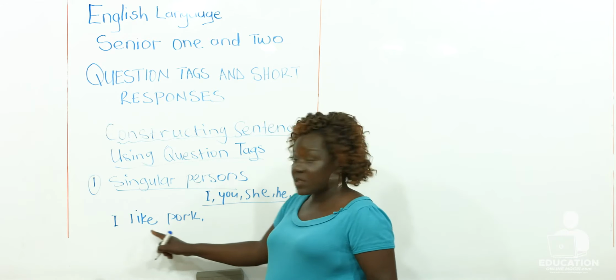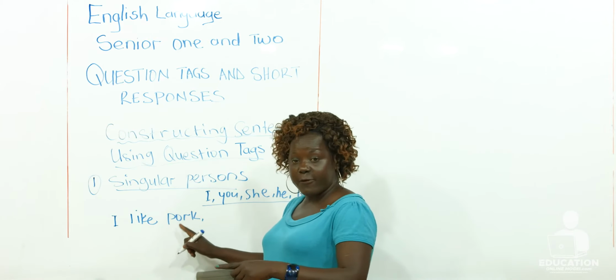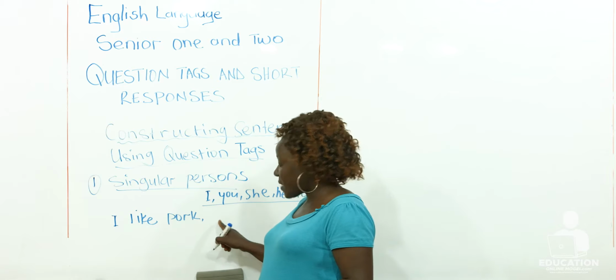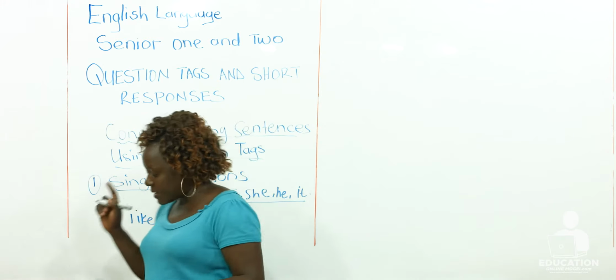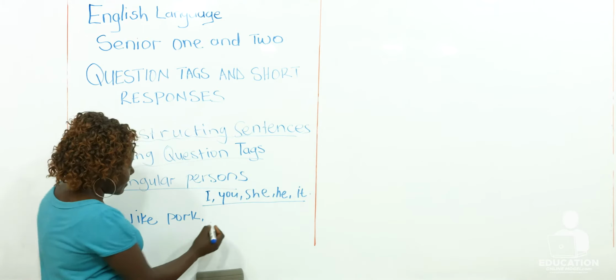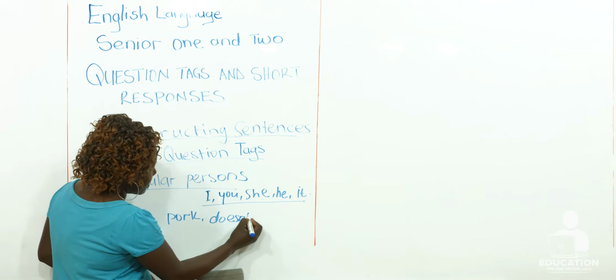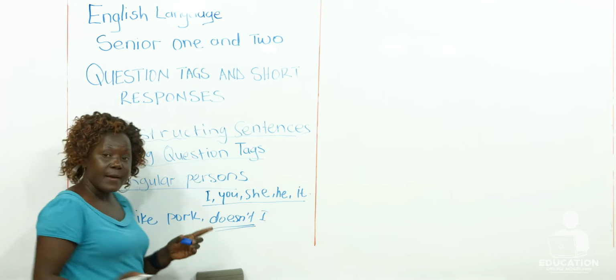In this case, remember also to observe the rule of tense plus the persons. And remember, this is already a positive statement. Therefore, our tag must now be negative in nature. So don't come here and say, doesn't I. Don't write this. This one is wrong. Why?